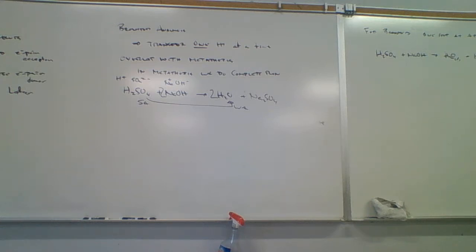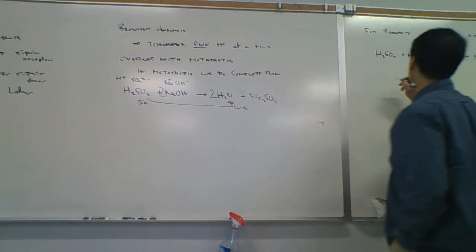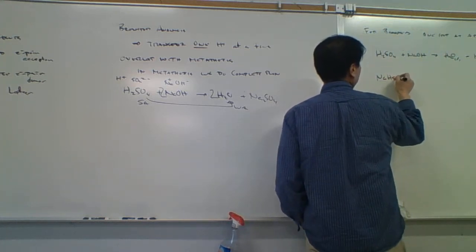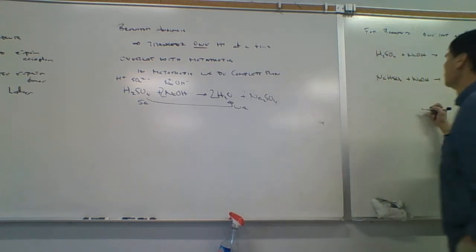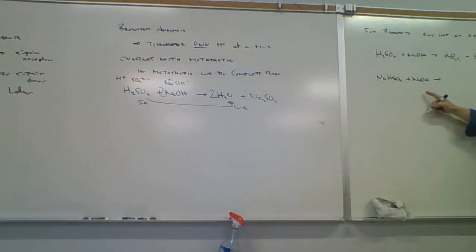Okay, in the next step, we'll take the sodium bisulfate and then add sodium hydroxide to that. We're going to get rid of that last hydrogen. So we'll have H2O plus sodium sulfate, like that.